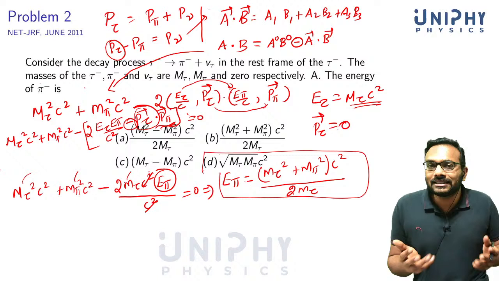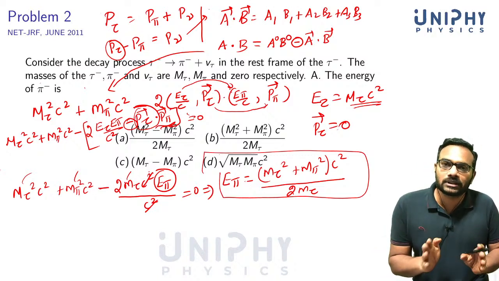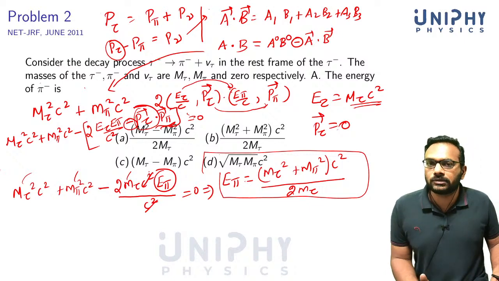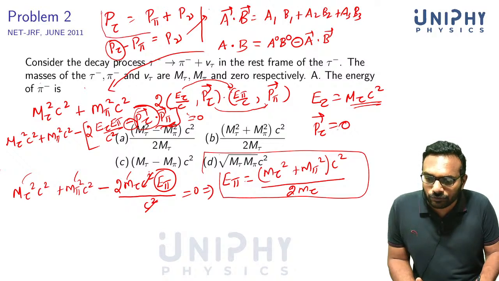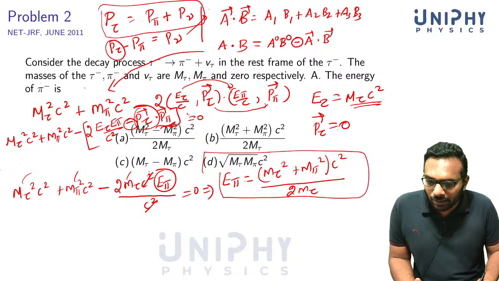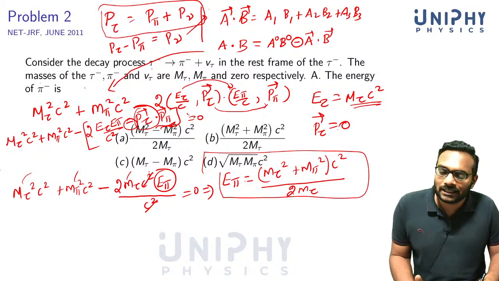Now I explained the steps in a detailed manner, but if you get used to this, it's just a 4 steps problem, maybe a 5 marks problem. What we do is write the conservation of 4 momentum and combine it in such a way that the unnecessary momenta get cancelled off.